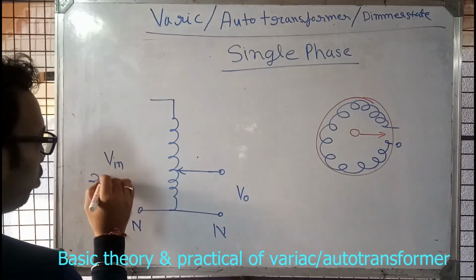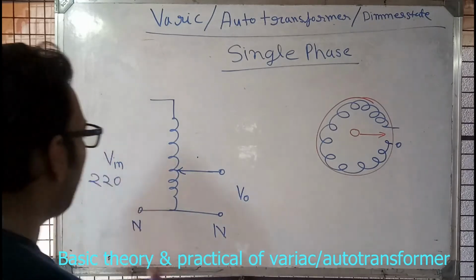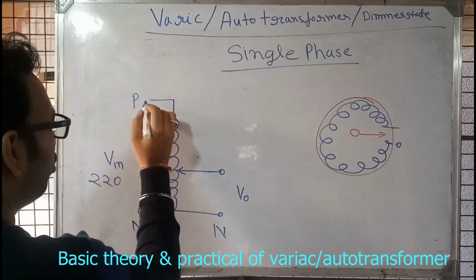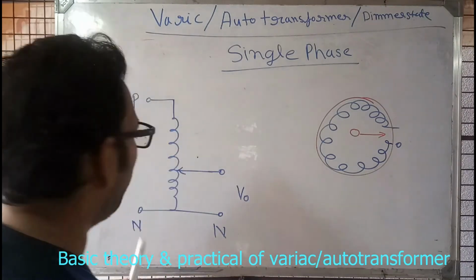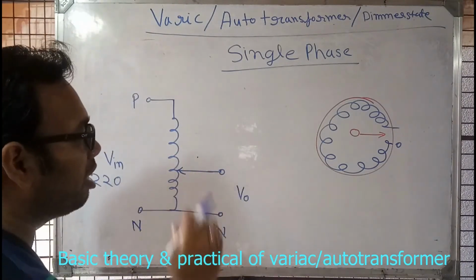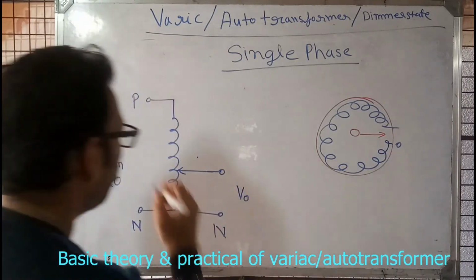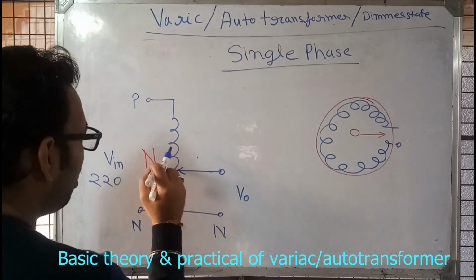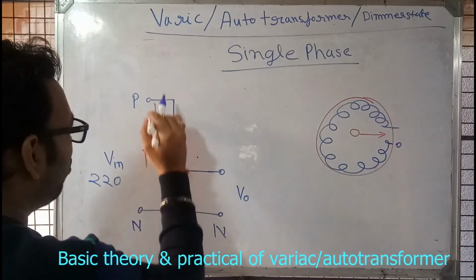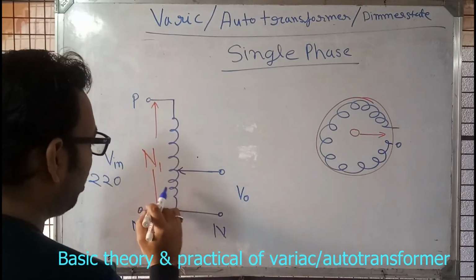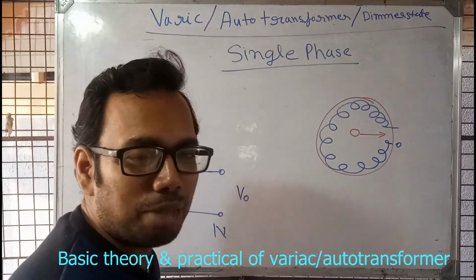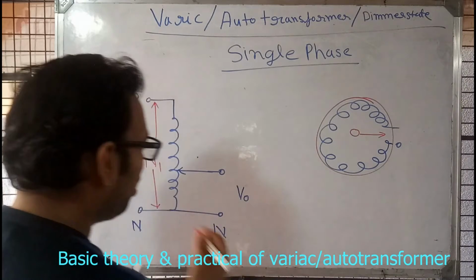If you are giving 220 volt, this is my input voltage, 220 volt. So this is my phase, this is neutral. I am giving 220 volt here, and here I am getting the voltage depending on the turns ratio. So the total turns of the transformer, N1, is from this position to this position, and the same winding with the variable terminal is taken as the output terminal, the secondary terminal.